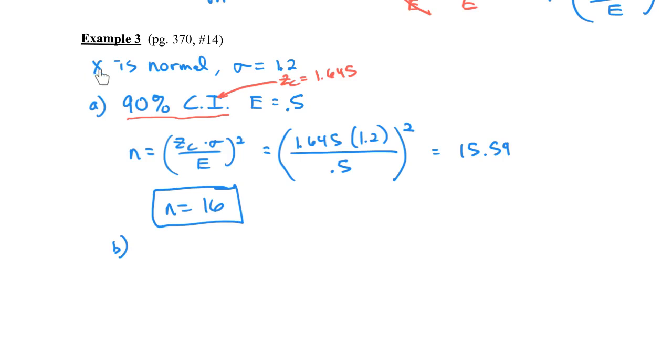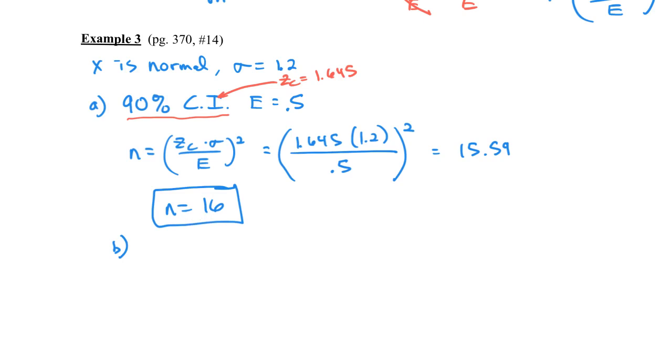But if it didn't say this, if we didn't know that X were normal, then we couldn't, using a sample size of 16, assume that X bar would be normal, right? So if this isn't here, for X bar to be a normal distribution, we need 30 or more. But since X is normal, we're okay.